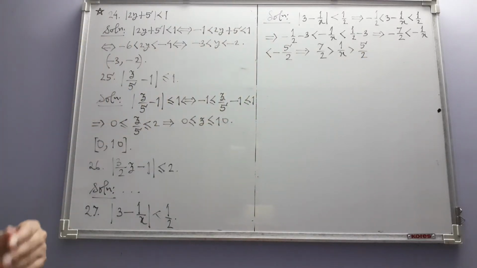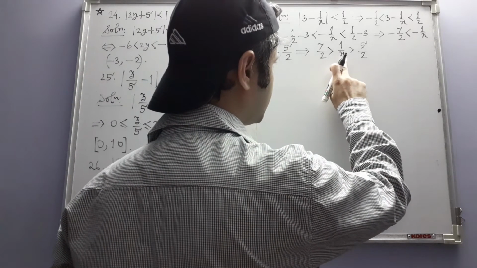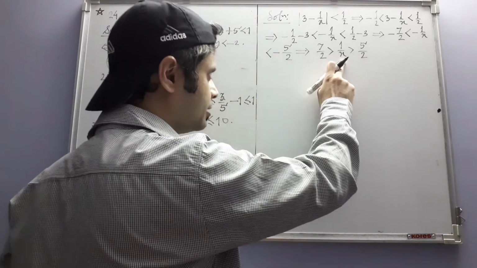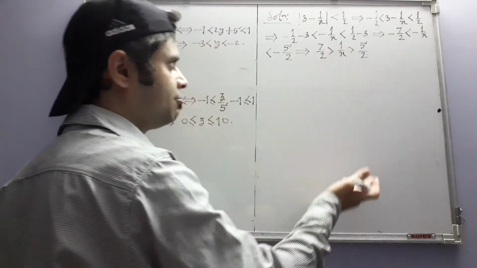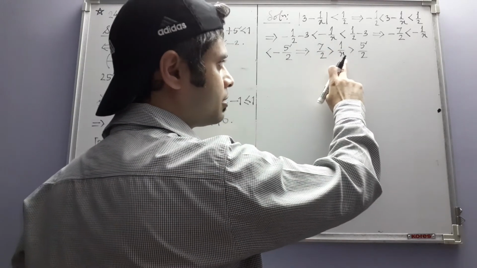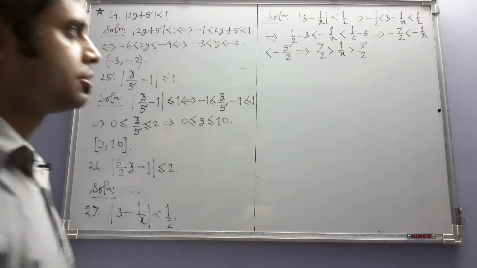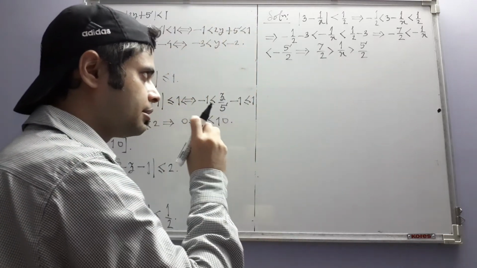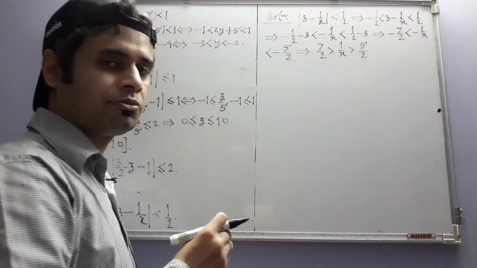Now we want to take reciprocals of all the terms, but can we do that? We can do that because note that whatever x is, x cannot be negative. If x is negative, then this 1 upon x itself is negative. But a negative number cannot be greater than 5 by 2, which is positive. So that's why x is positive, and since x is in the denominator of a quotient like this, there is no question of x being 0.